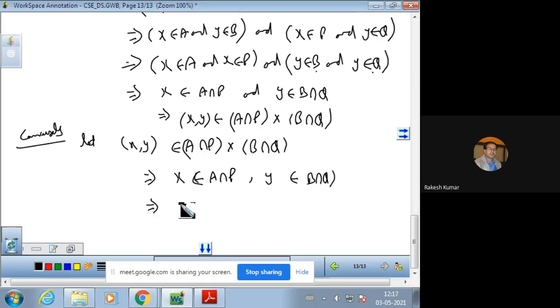So from here, x belonging to A and x belonging to P, this can be separated.